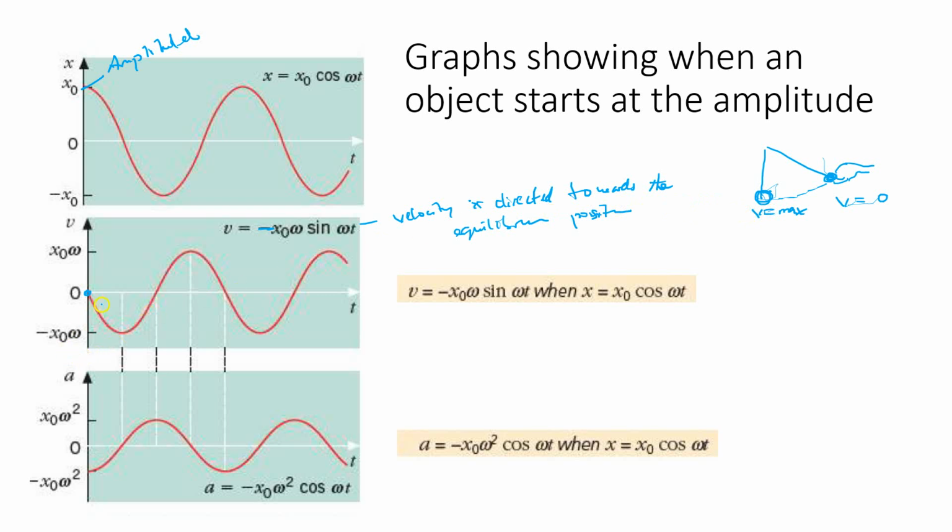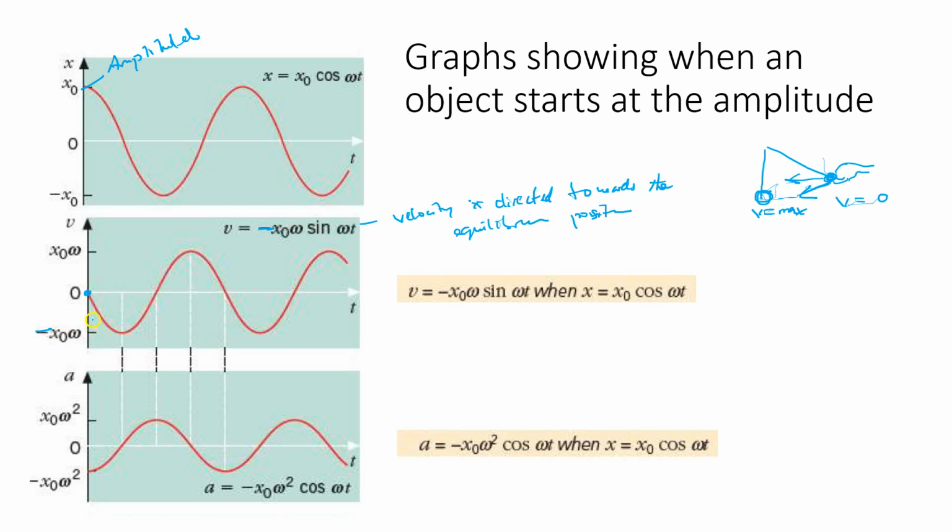So coming from this amplitude, the velocity is directed towards the center, or towards the equilibrium position. That's the reason why we have the minus sign, because it's going back towards the equilibrium position.